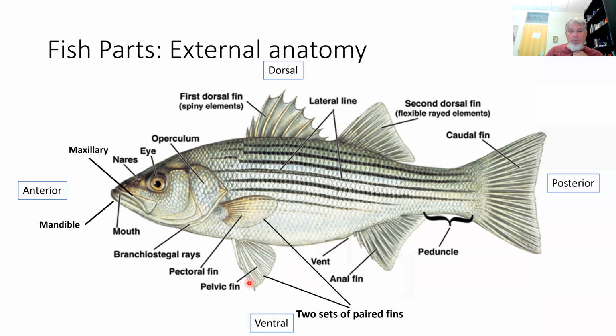And then the other paired fins, which are the pelvic and the pectoral fin. The branchiostegal rays are what are used to suspend the gills, and also they assist with feeding. We'll get to that later. And then the lateral line. The lateral line is made of some modified cells that exist along the length of the fish.